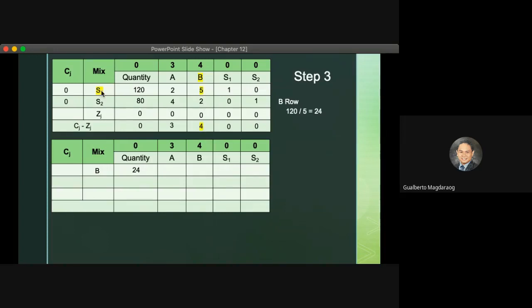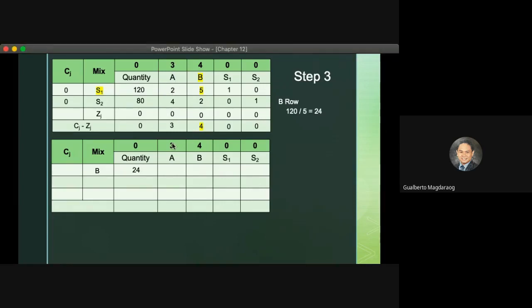Okay, ulit, 120 divided by 5 is 24. That's the intersecting cell between the highest in the index row and the lowest positive ratio, which is S1, and that is 5. So how about sa column ng A?